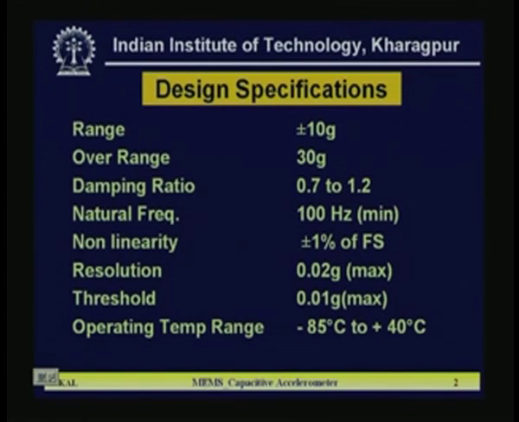Damping ratio is 0.7 to 1.2, natural frequency is 100 hertz, nonlinearity plus minus 1% full scale, resolution 0.02 G maximum and threshold is 0.01 G maximum. Operating temperature range is minus 85 to plus 40 degree C. So, with this specification, how do we proceed to design an accelerometer which is based on capacitive sensing?